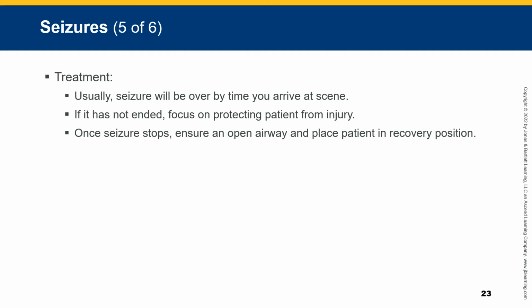This is usually best accomplished using a head tilt chin lift maneuver. After you've opened the airway, make sure to place the patient in a recovery position. I mentioned that sometimes they remain unconscious for a period of time, and they are susceptible to vomiting because of all the spasmodic muscle movements, etc.